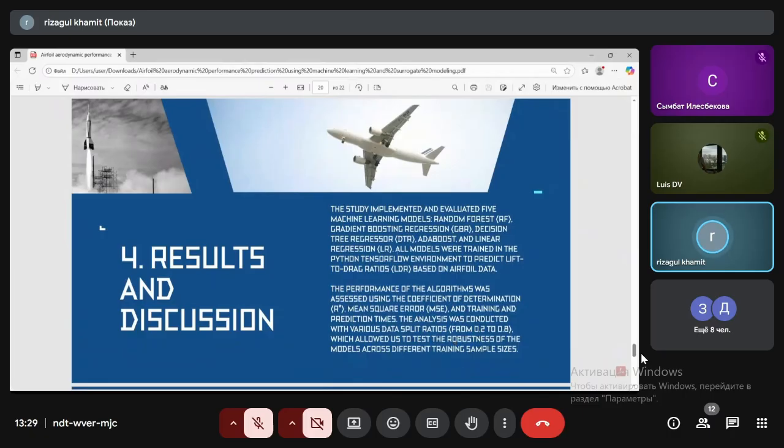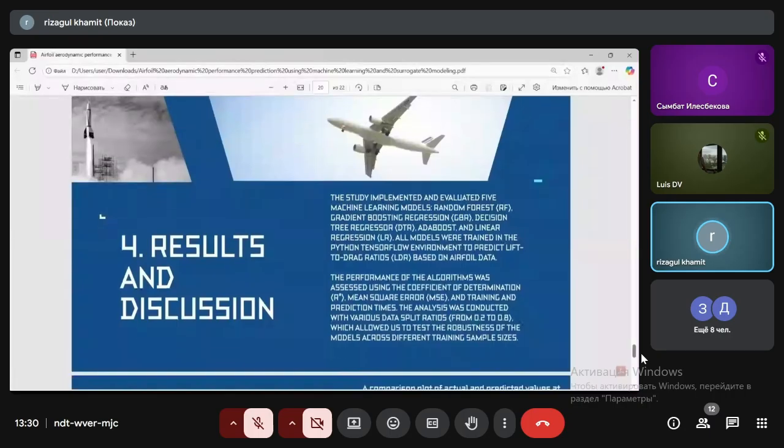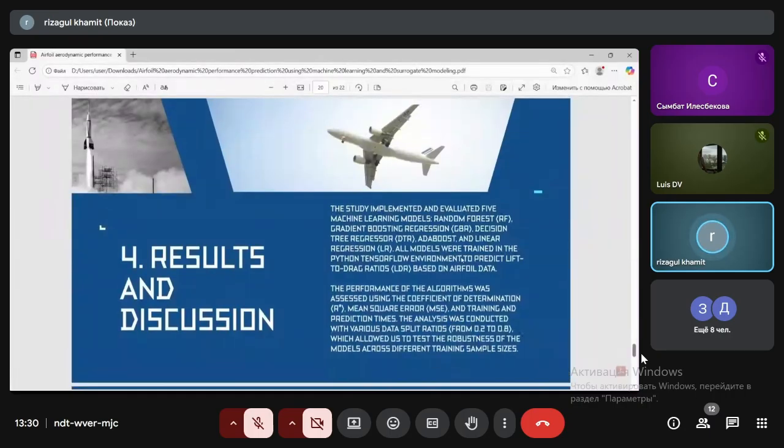The link to TensorFlow is on the fifth page, if I'm not mistaken. And it was for predicting lift-to-drag ratios based on airfoil data. The performance of the algorithms was assessed using two equations. It's MSE, mean squared error, and the coefficient of determination.